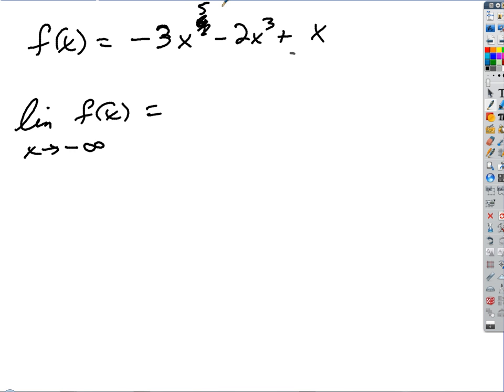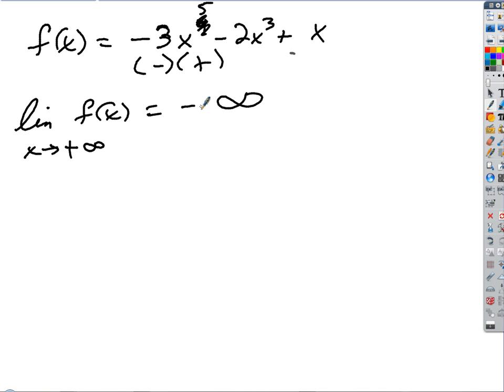Okay, let's say we're approaching positive infinity this time. So we know we're going to get some kind of infinity. What kind? We get negative times a positive number to an odd power. Positive, product is negative, right?